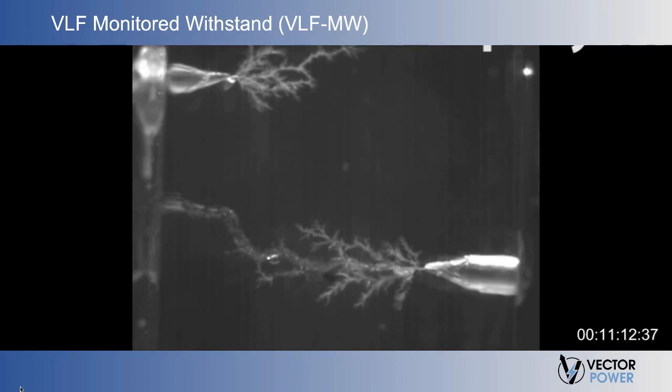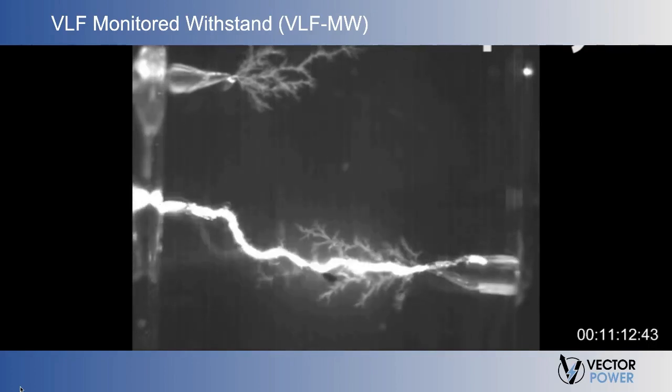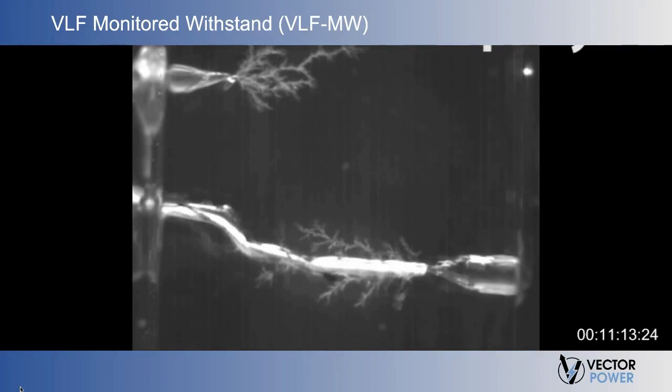Now, if partial discharges and discharge channel growth activity is initiated during the test, the growth can be monitored so that the cable is not placed back into service in a weakened state.